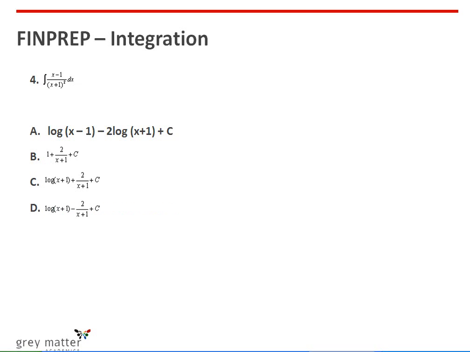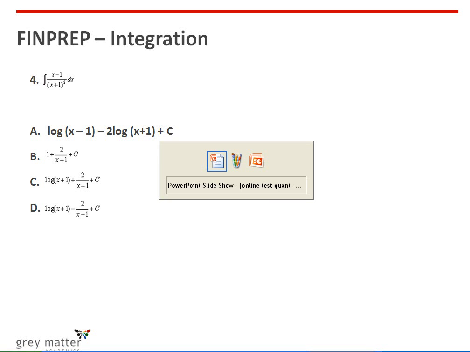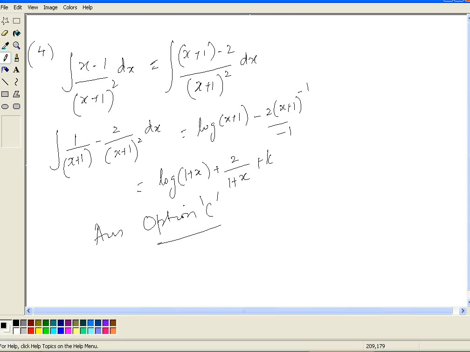Very good. Fourth problem, integral of x minus 1 by x plus 1 whole squared dx. Going to our work area, this can be written as integral of x plus 1 minus 2 divided by x plus 1 whole squared dx, which can be further split as integral 1 by x plus 1 minus 2 by x plus 1 whole squared dx.